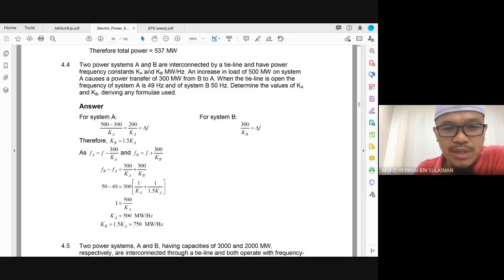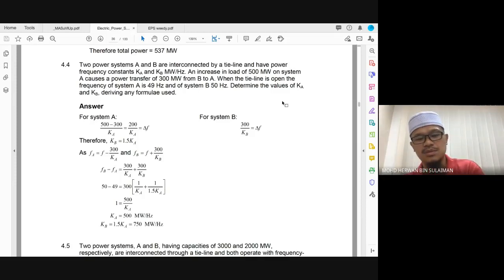Two power systems A and B are interconnected by a tie line and have power frequency constants Ka and Kb megawatt per hertz. An increased load of 500 megawatts on system A causes a power transfer of 300 megawatts from B to A. When the tie line is open, the frequency of system A is 49 hertz and system B is 50 hertz. Determine the values of Ka and Kb, deriving any formula used.